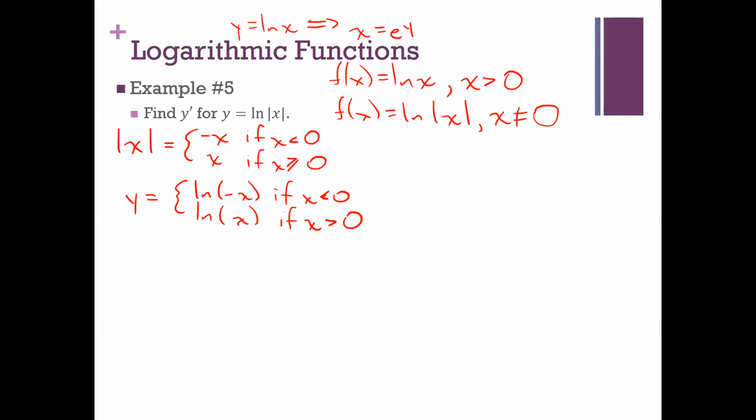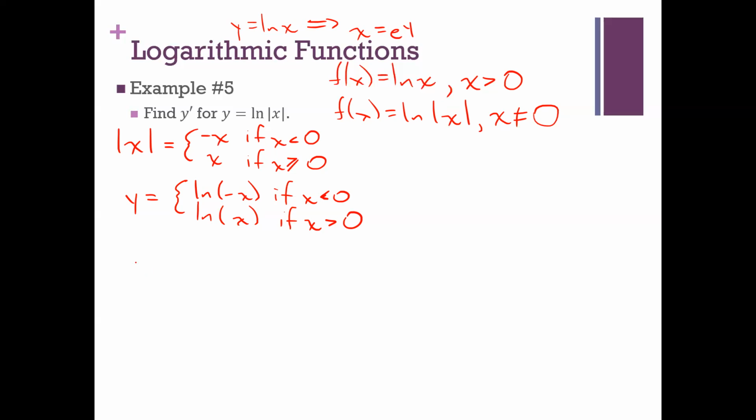Thinking back to the absolute value function, we said it was continuous everywhere, right? But is it differentiable everywhere? Not at 0. Everywhere but 0. So we know the absolute value function is not differentiable at 0, but maybe we can say something stronger about it in this case. We know the natural log of the absolute value is not going to be defined there, so it clearly can't be differentiable there, but maybe it can be differentiable everywhere else.